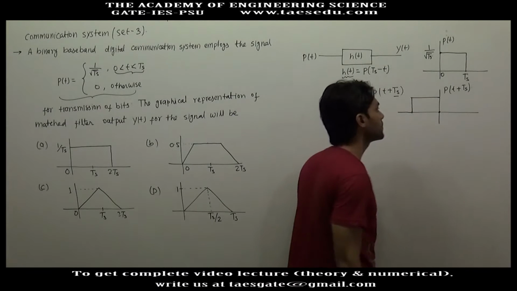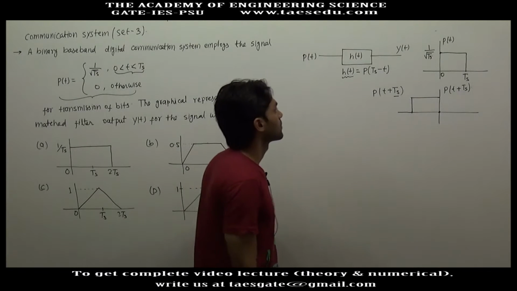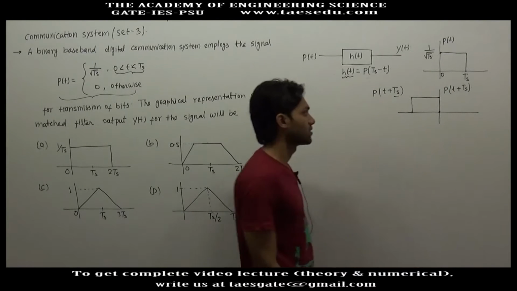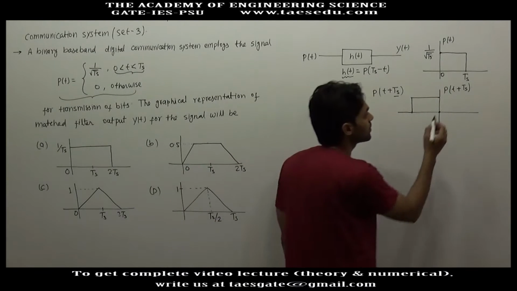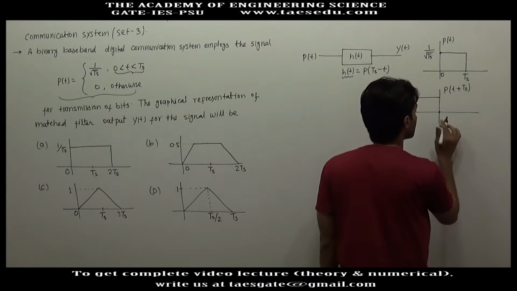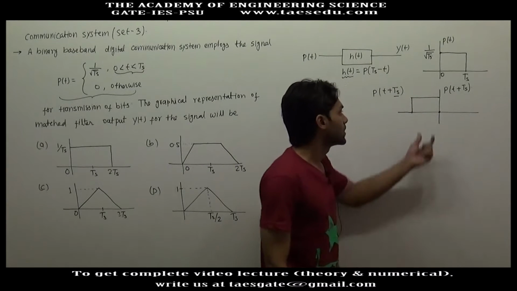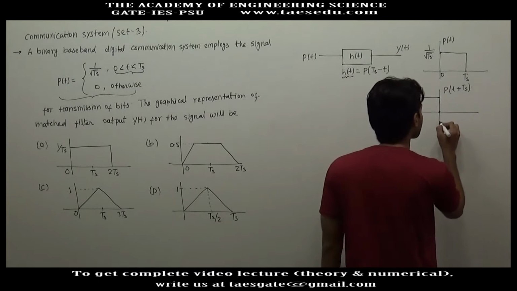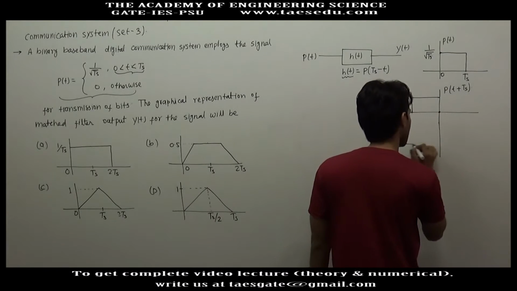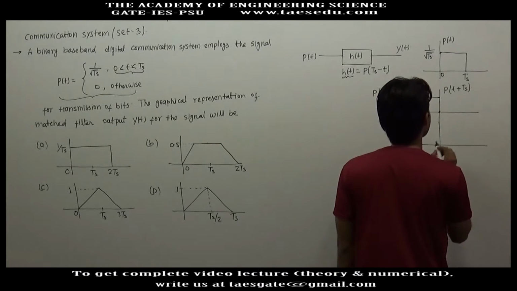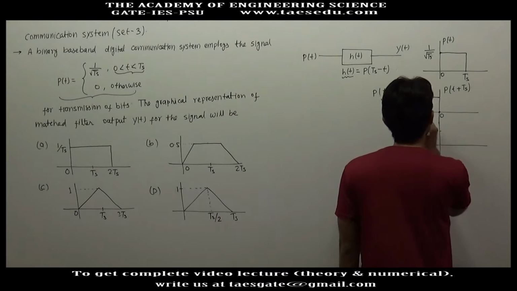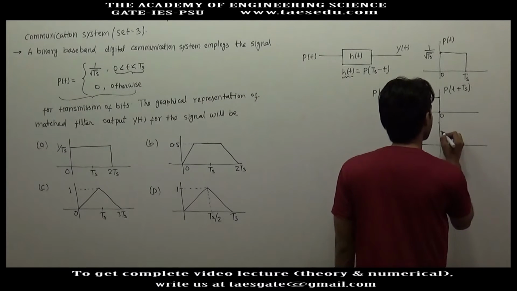Now we have to do the scaling. We have to multiply the variable with -1, or add a minus sign in the variable. While doing that, we have to take the mirror image of the graph about the y-axis. So if we take the mirror image, 0 will be 0 and minus Ts will become plus Ts.